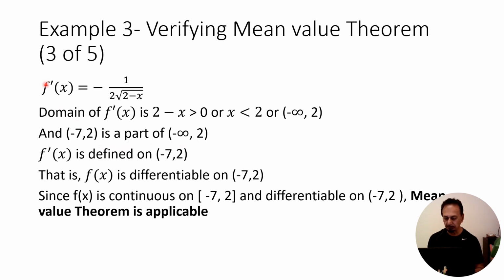So if the first derivative is defined on negative infinity to 2, then it's also defined on negative 7 to 2. That is, f of x is differentiable on the open interval negative 7 to 2. Now since f of x is continuous on the closed interval negative 7 to 2 and differentiable on the open interval negative 7 to 2, the mean value theorem is applicable.